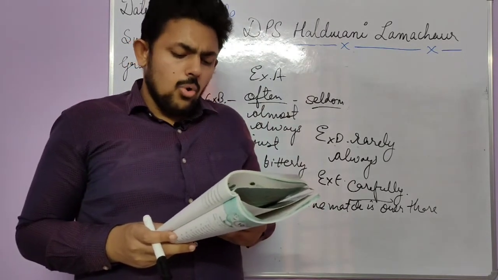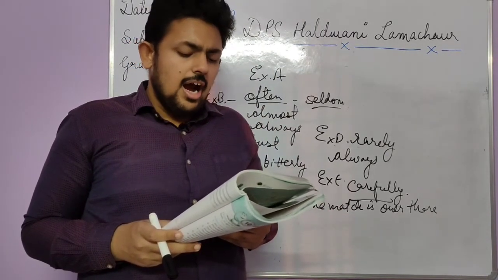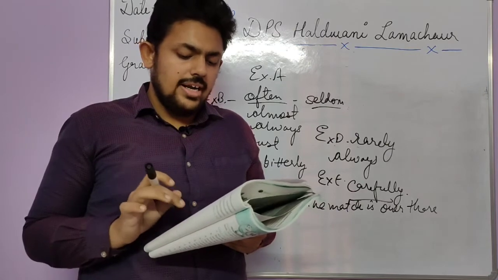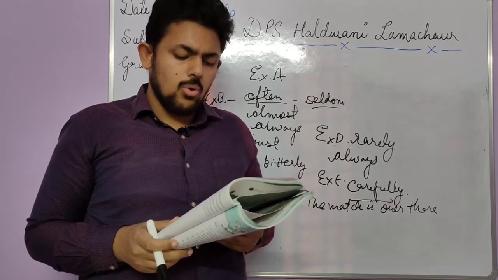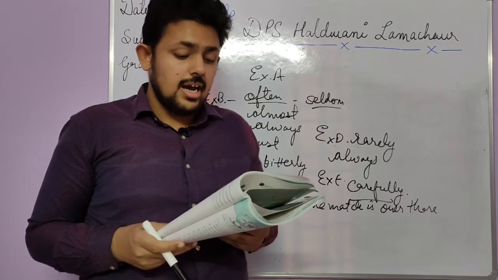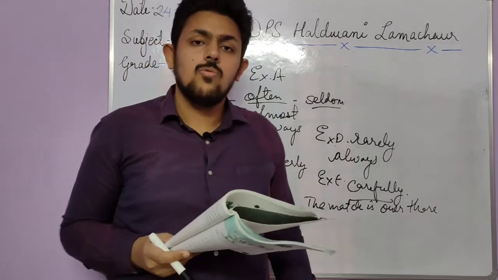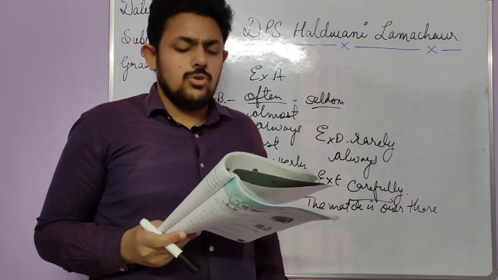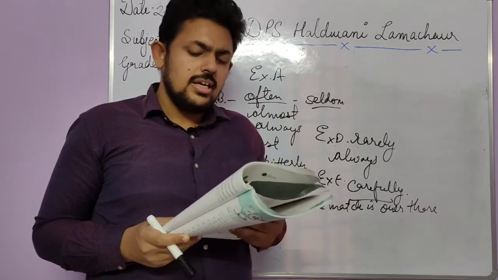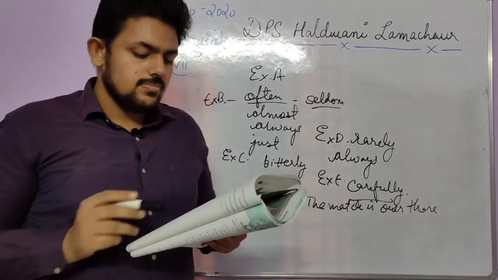Ravi carefully broke the coconut in half. Okay, so we have to write the adverb for it. Okay, what will be here? Ravi often carefully broke the coconut in half. Okay.